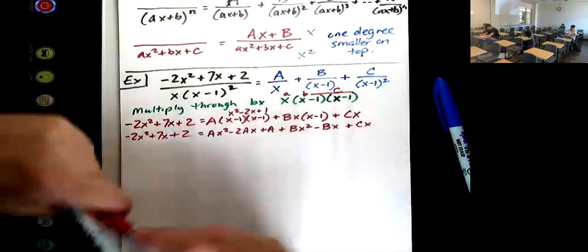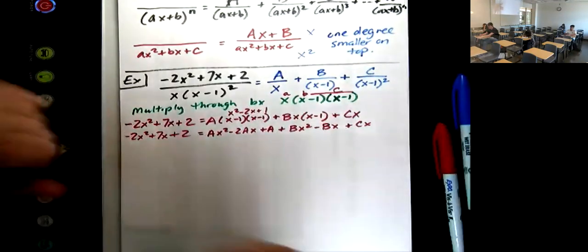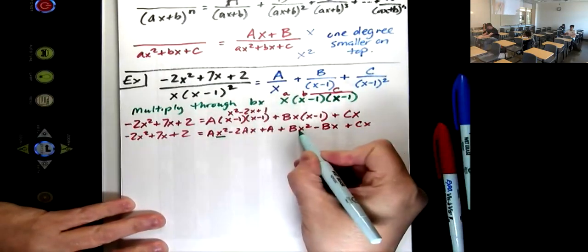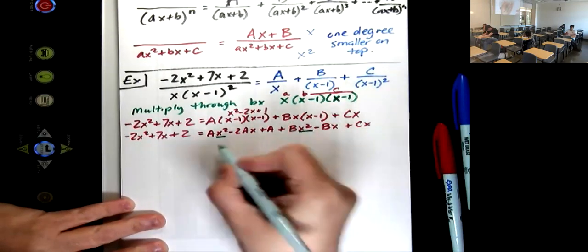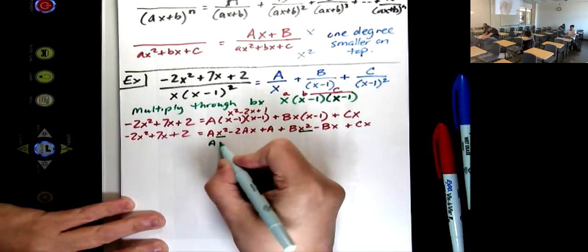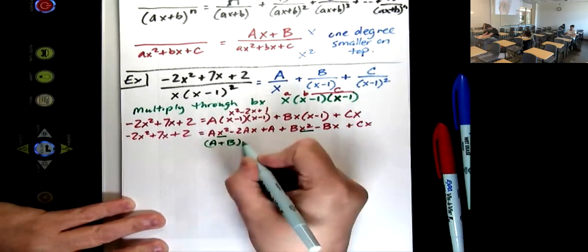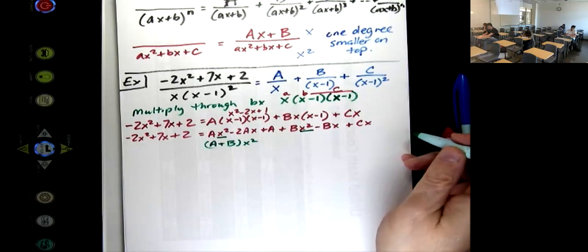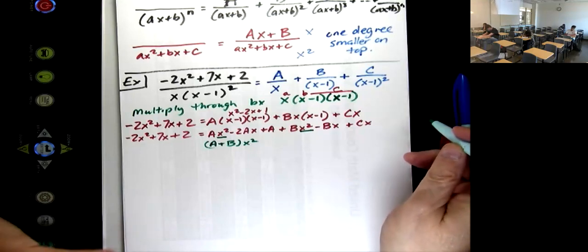Now we start grouping our x squareds. I have an x squared here and an x squared here, so I've got (a plus b) x squared. At this point, I recommend you underline things as you use them. That way you make sure you get everything. By the time you're at the end, you should have everything underlined.